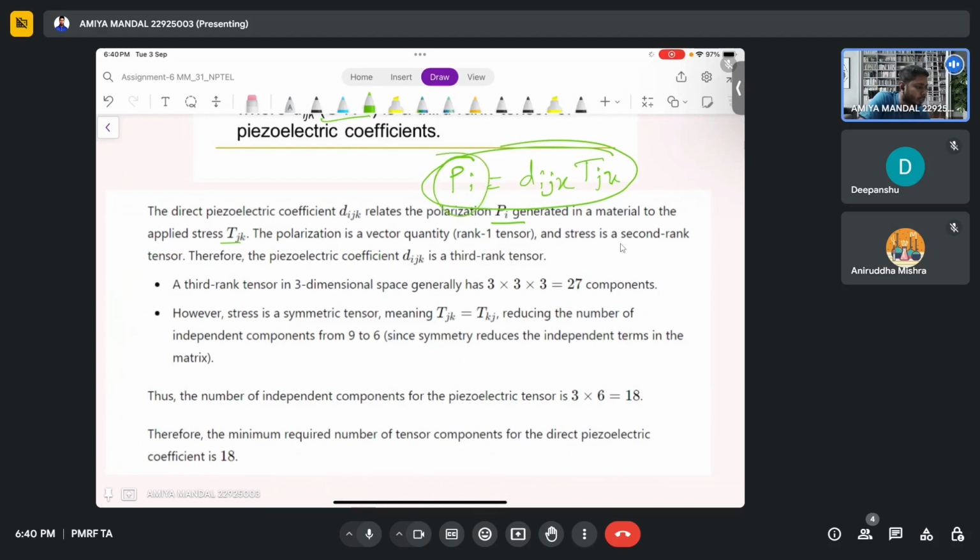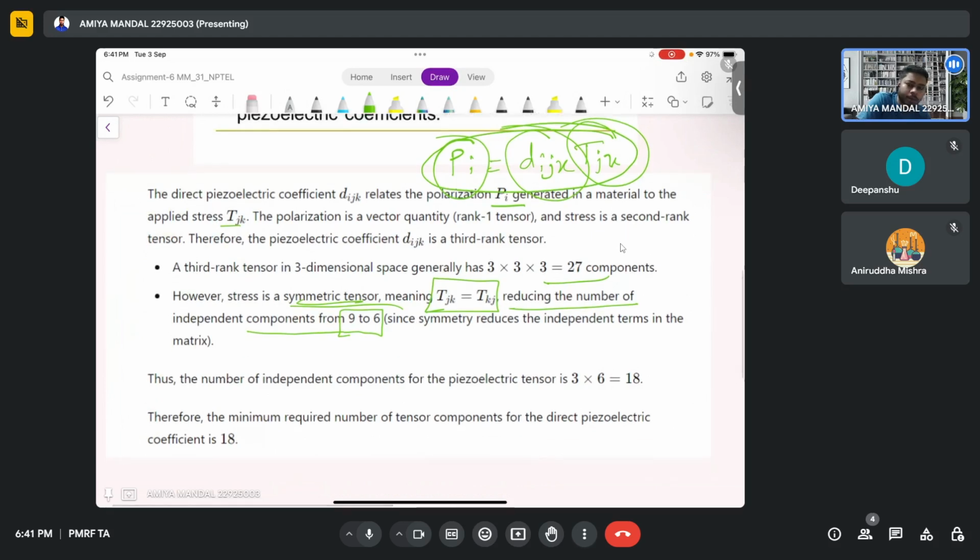So this is a rank 1 tensor, this is a rank 2 tensor, and this is a rank 3 tensor. For 3 dimensions, and since this is a symmetric tensor, the number of independent components reduces from 9 to 6. So there are 6 independent components.